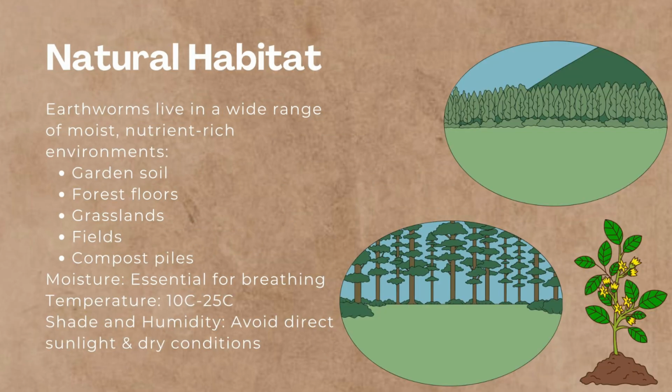For natural habitat, earthworms tend to live in a wide range of moist, nutrient-rich environments, such as garden soil, forest floors, grasslands, fields, compost piles. Through one of my sources, I found out they tend to want moisture because they breathe through their skin.